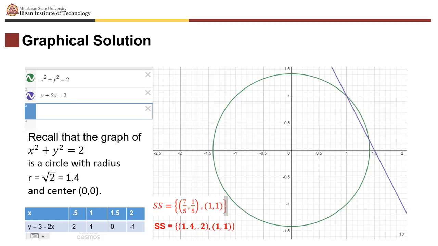That is, we have x at 1.4 and y at 0.2 for this point, and this other point is at (1, 1).